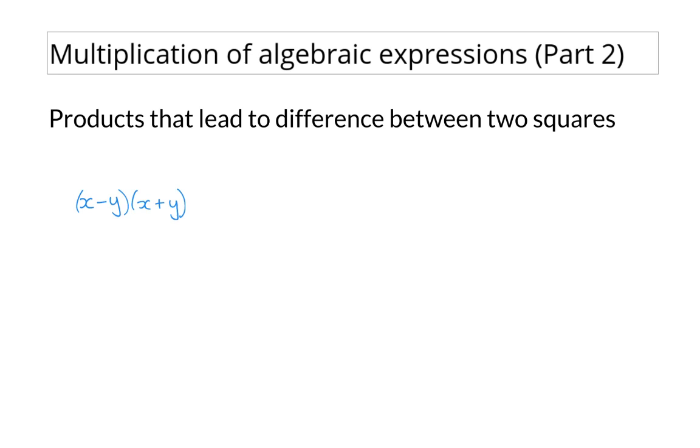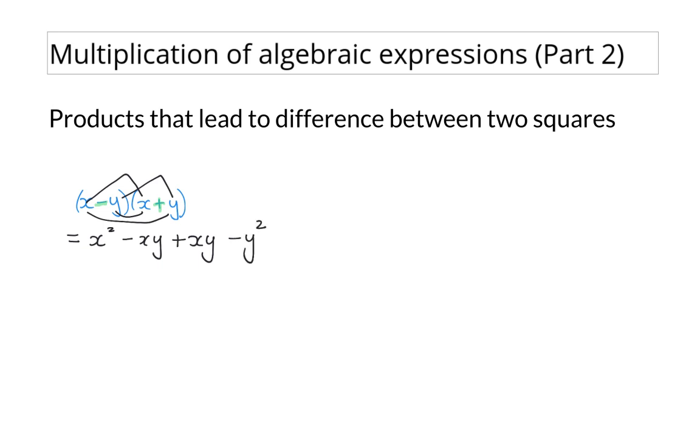The terms in the brackets are exactly the same except for the sign in each term. The one is a minus sign and the other one is a plus sign. If you multiply these two brackets with our method, you get x squared, and the inner product is minus xy and the outer product is plus xy, and the last term is minus y squared.